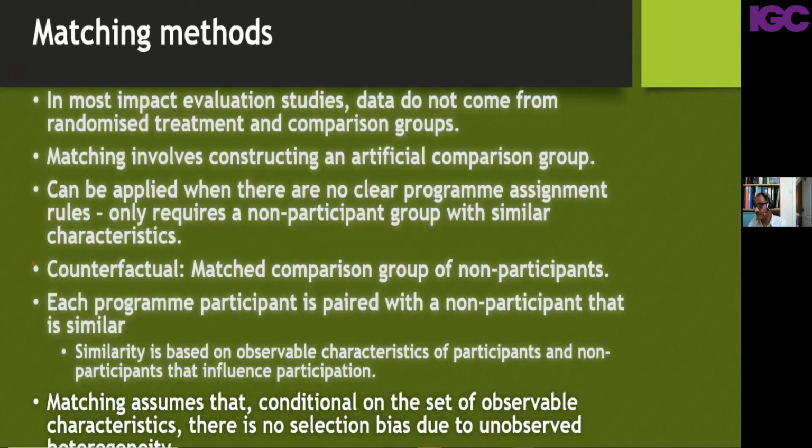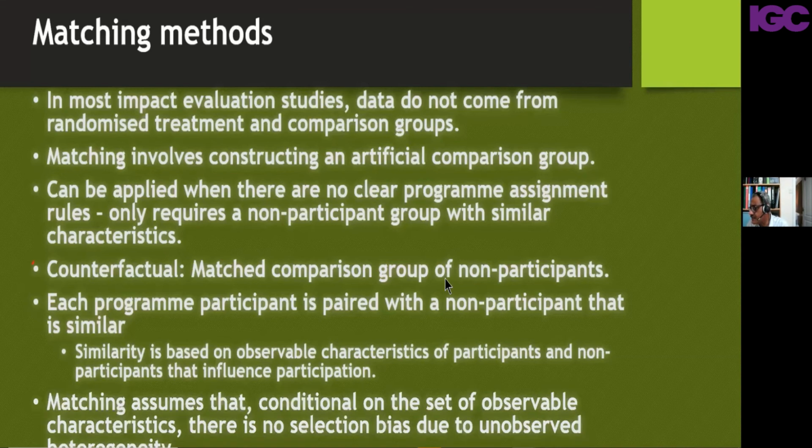So this is also referred to as what is called selection on observables. So you match the participants and non-participants only based on their observable characteristics, and you assume that there are no significant differences between participants and non-participants in terms of their unobserved characteristics.